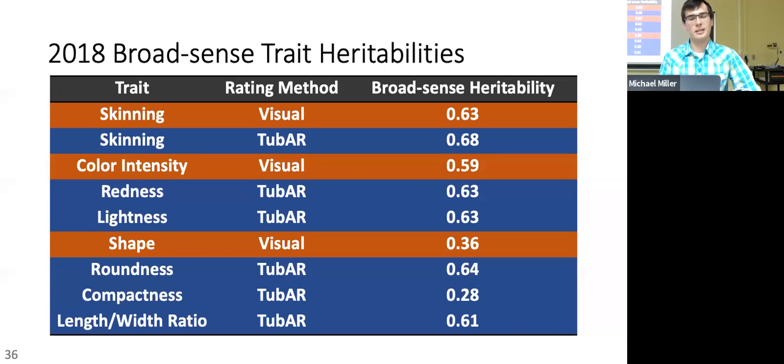And for shape, you see a really big increase from the visual scale to roundness and length to width ratio, which are almost double the heritability, but see a little bit of a decrease for compactness. And I think this is probably due to what I was saying about that being really strongly influenced by small environmental effects in the soil.